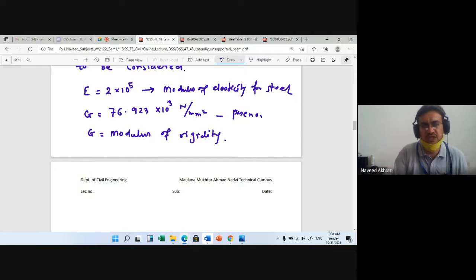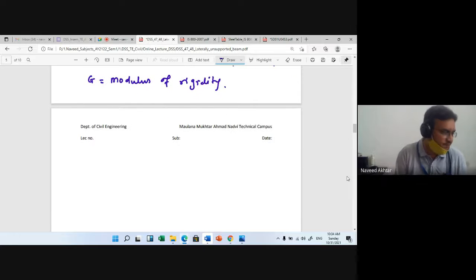All the values are on page number 12 of IS 800. So no need of remembering, or if you remember then that is well and good.